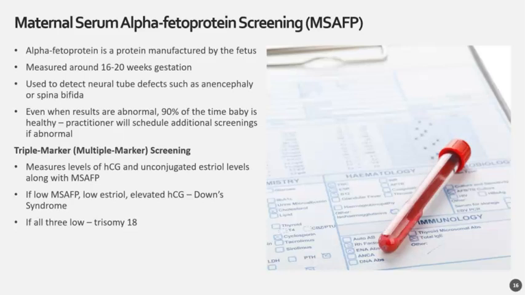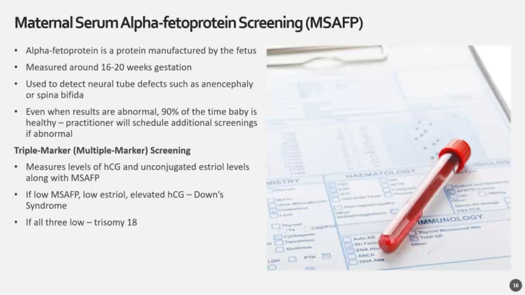Maternal serum alpha-fetoprotein screening. Alpha-fetoprotein is a protein manufactured by the fetus. The woman normally contains small amounts of the protein during pregnancy, measured at 16 to 20 weeks gestation. The main reason physicians recommend screening is to detect neural tube defects such as anencephaly or spina bifida.